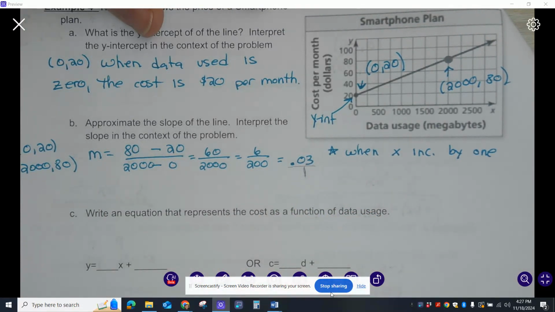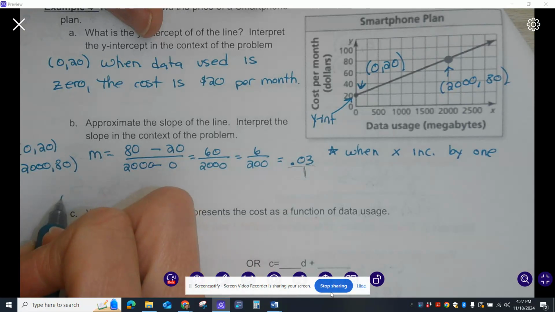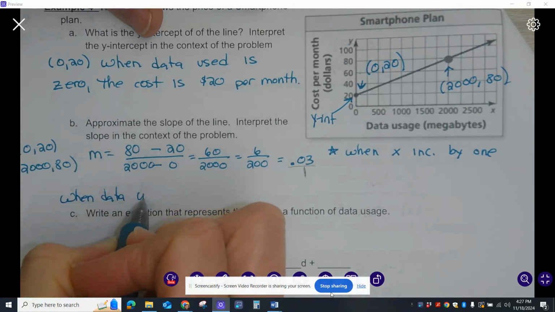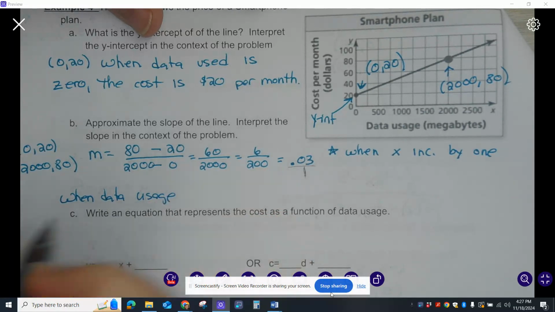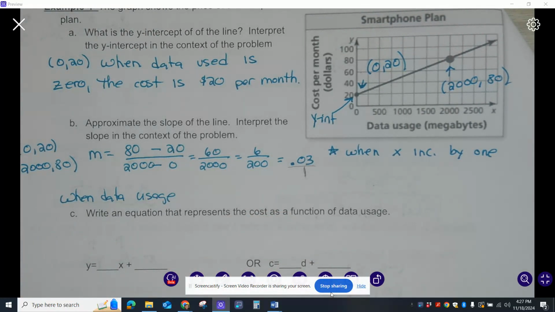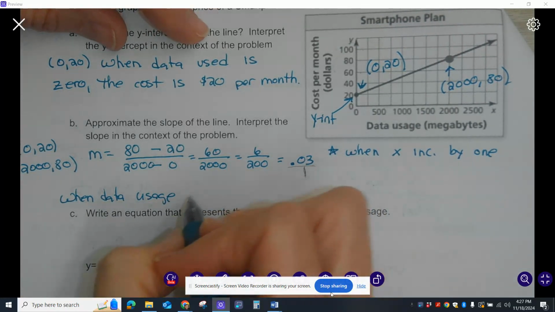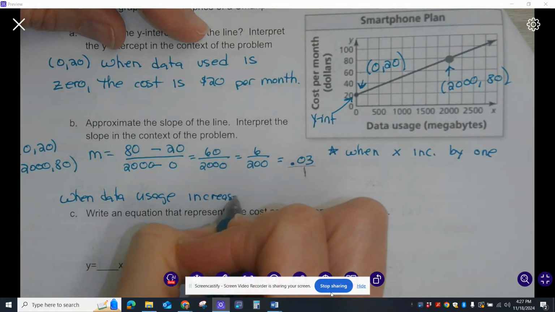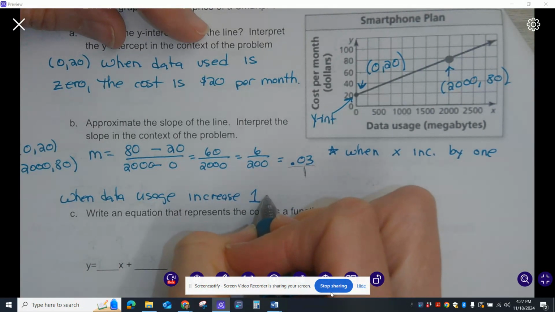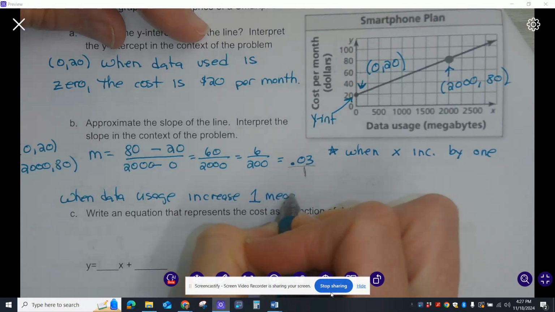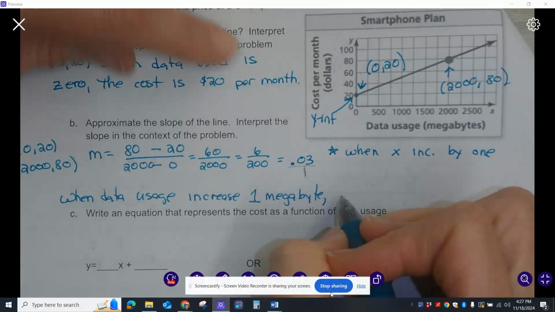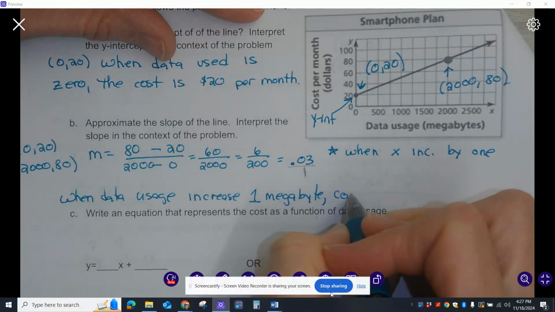So we're going to say, instead of x, when data usage, which is our x-axis, increases 1 megabyte, what happens to the cost, which is our y-axis?